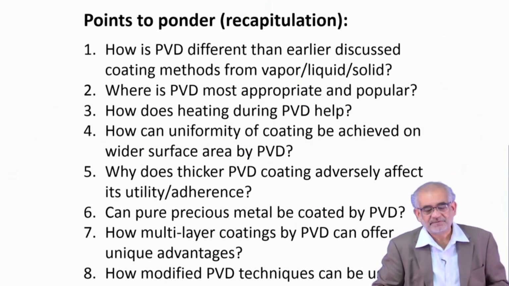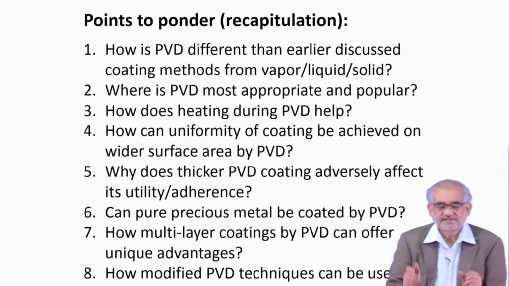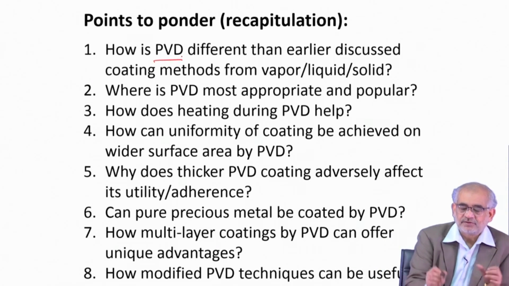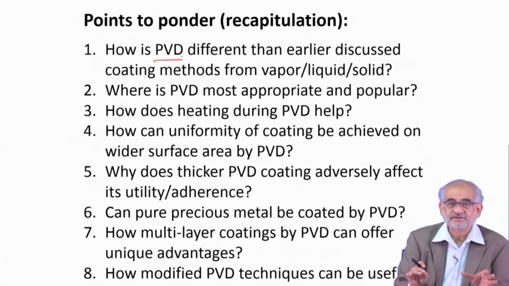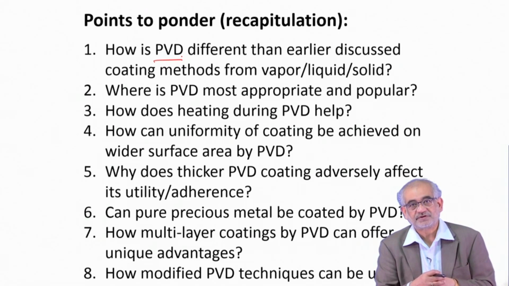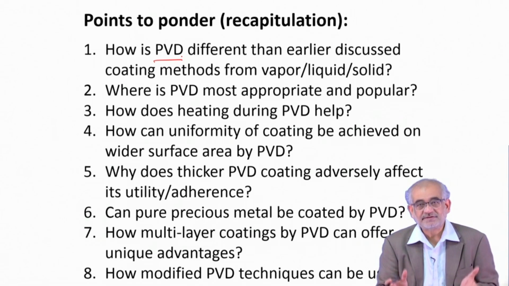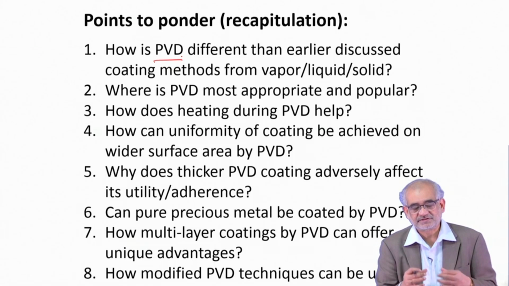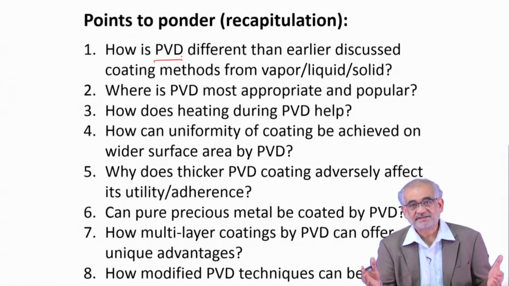So time to recapitulate. What all we have discussed: we first started discussing thin film coating, and one of the most versatile methods is physical vapor deposition, where the process involves evaporation of a very high vapor pressure material into the vapor state and then allowing it to deposit on any colder substrate.